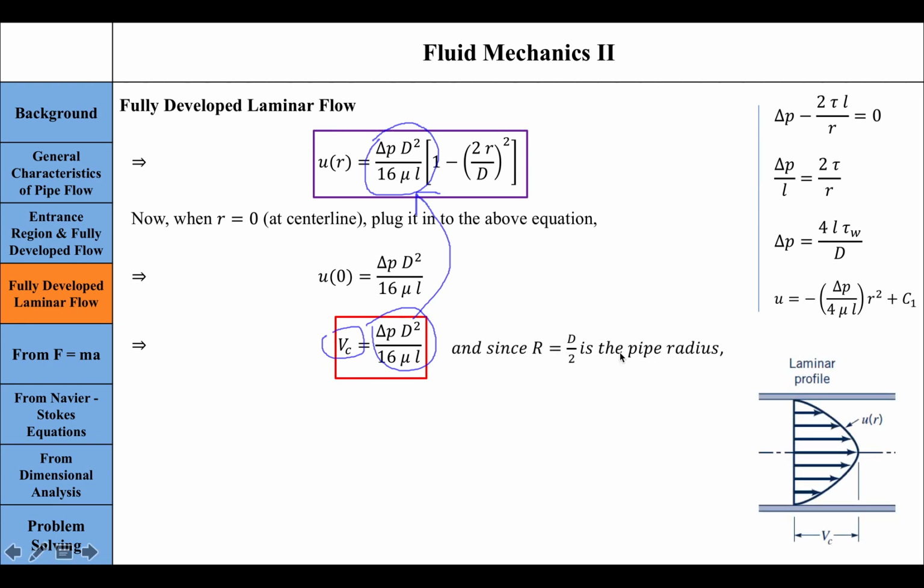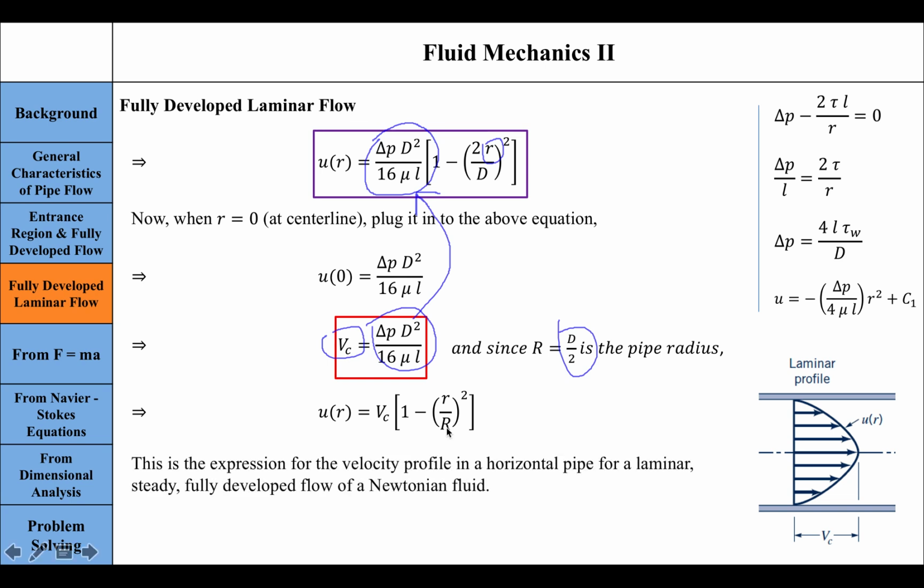And because the radius of the pipe is equal to d by 2, all I have to do is plug this in here. It's going to be VC instead of r here. I'm plugging in d by 2, and this is what I get finally.